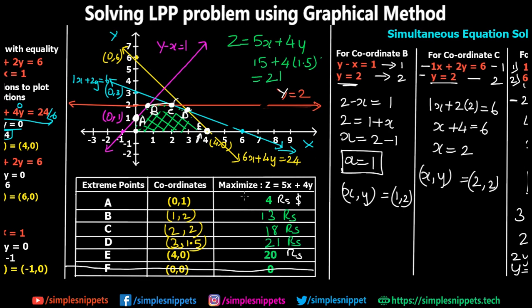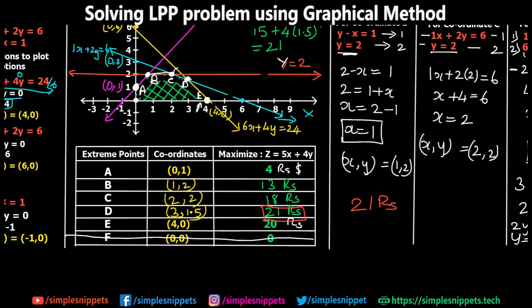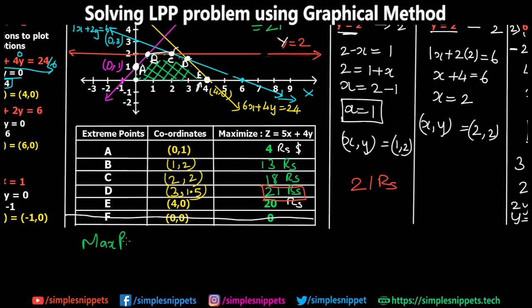And now if you observe this table, the maximum profit is earned over here, right? The maximum profit is 21 rupees, which is achieved only when 3 tons of exterior paint is made and 1.5 tons of interior paint is made. So this is going to be your final answer: a max profit of rupees 21 can be achieved.